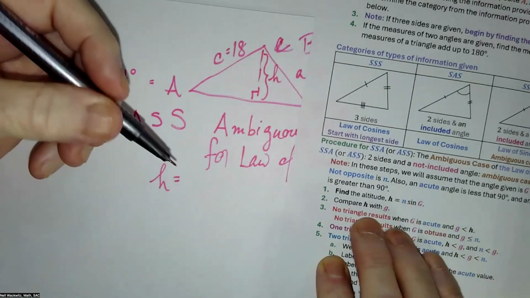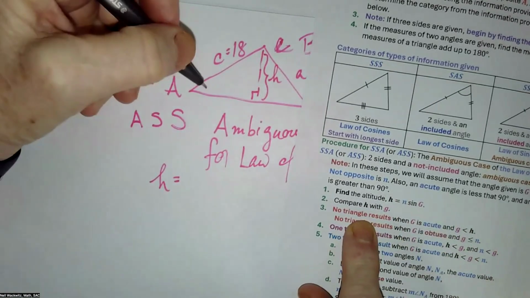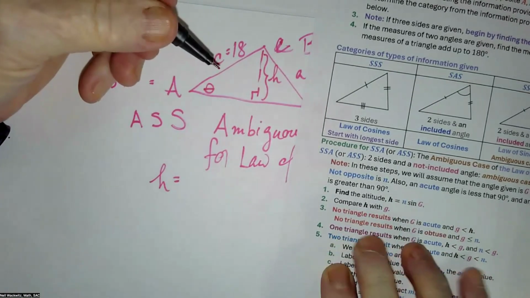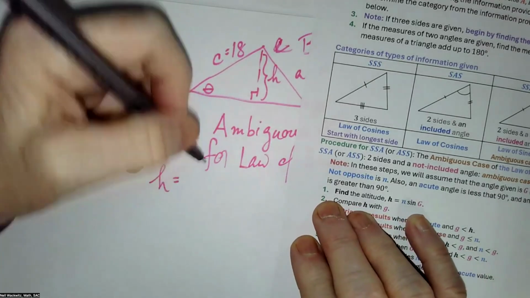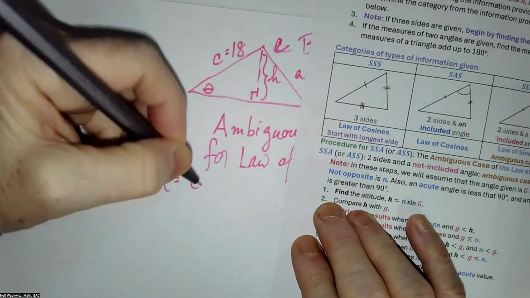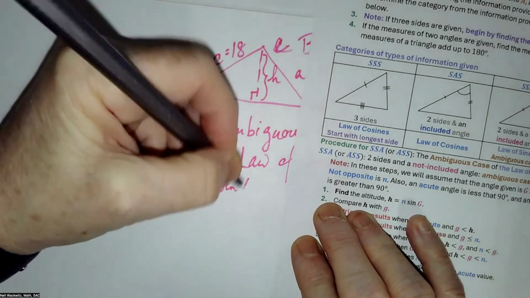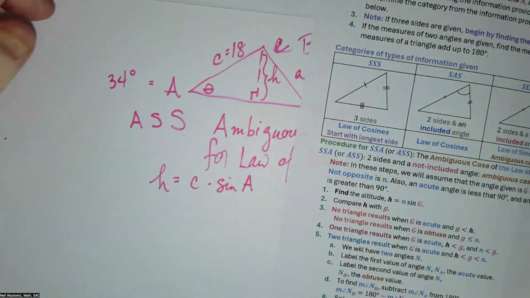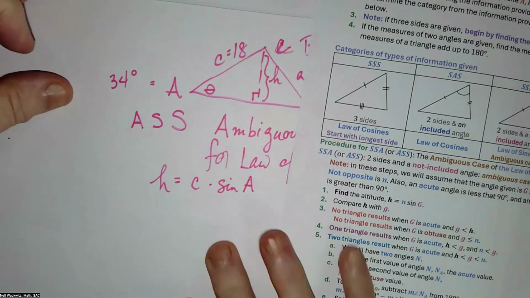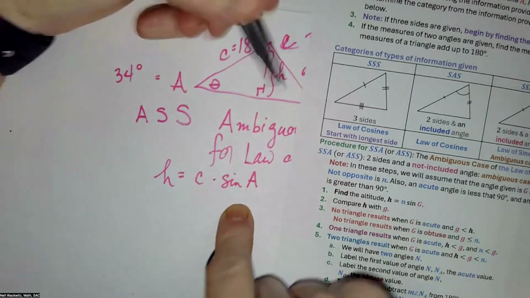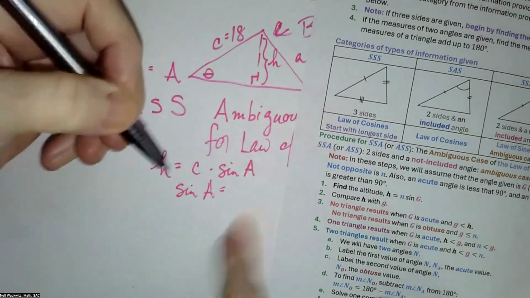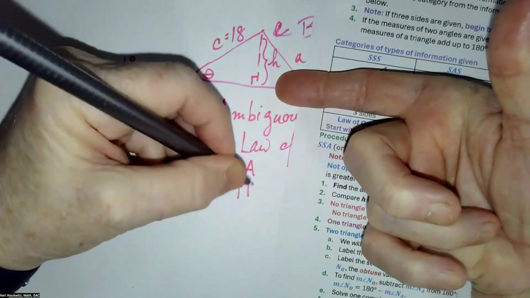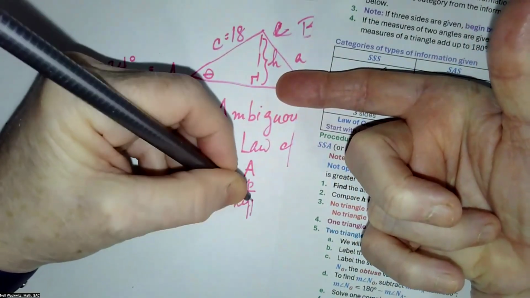So h is equal to, if this is theta, h is equal to c times the sine of A. And we know that because the sine of A is opposite over hypotenuse.